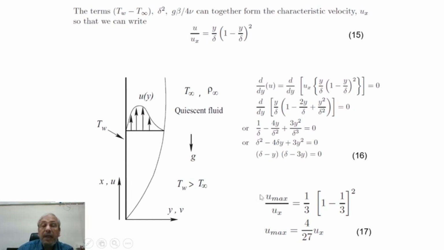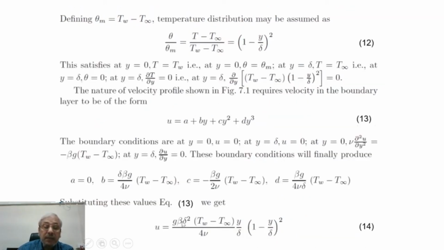So if we want to find Umax by Ux, we substitute y as delta by 3, and we get Umax, this maximum velocity, as 4 by 27 into Ux, and Ux is basically given by g beta delta squared (Tw minus T infinity) divided by 4.